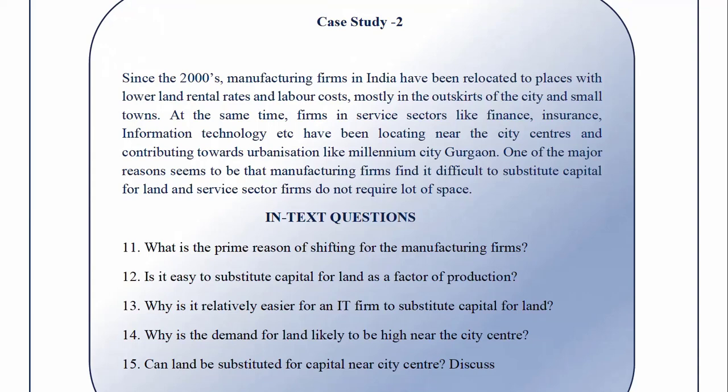At the same time, firms in service sectors like finance, insurance, information technology, etc., have been locating near the city centers and contributing towards urbanization like Millennium City, Gurgaon. One of the major reasons seems to be that manufacturing firms find it difficult to substitute capital for land, and service sector firms do not require a lot of space.